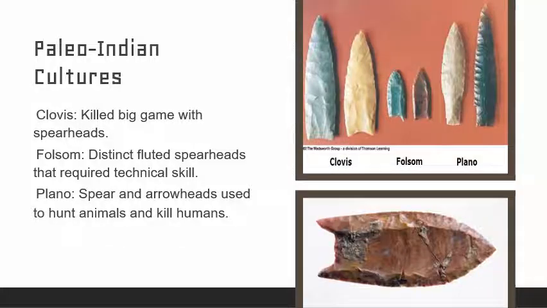Now, in order to understand what was going on pre-contact, I want to look at a couple of different cultures. The reason that we're going to do it this way is so that we're not getting super overwhelmed with looking at a bunch of different native groups, but we're also going to do it so we can understand something called continuity.